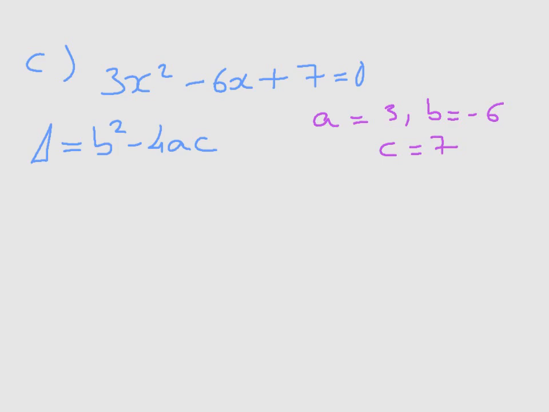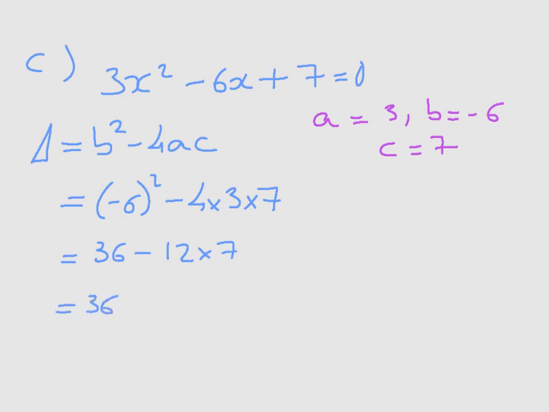Now, going back to delta, b squared will be equal to negative 6 in parentheses squared minus 4 times 3 times 7. That will lead us to 36 minus 12 times 7, which leads us to 36 minus 84. 36 minus 84 then becomes negative 48.